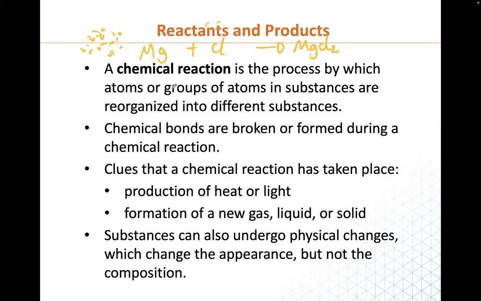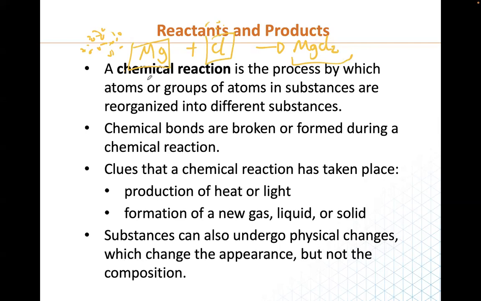So after this breaking down, that's the reason it says it is a process by which atoms or groups of atoms in the substances have to be broken down first, then reorganized to form a new product. Because if you see magnesium chloride, it's not going to look like magnesium. It's not going to look like chlorine. It's going to be a different thing.